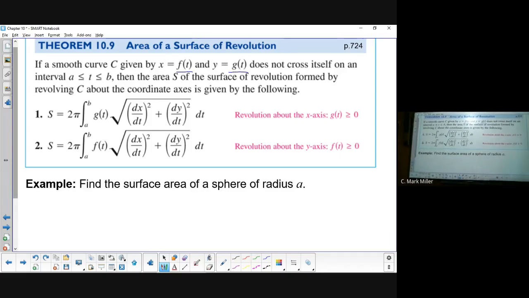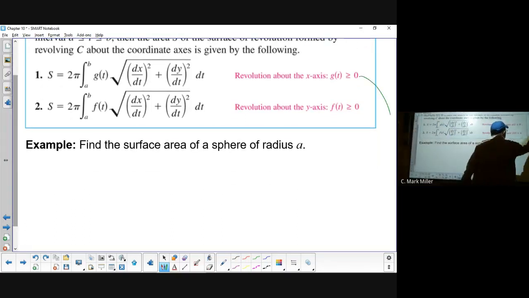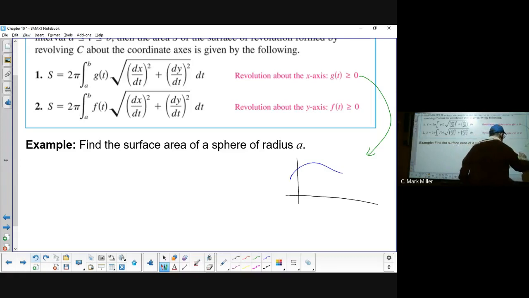All right. So now if you think about it, when you're revolving around the x-axis, the y value becomes the radius. Now follow me there. Let's just take a look at this top. Suppose I have some curve.